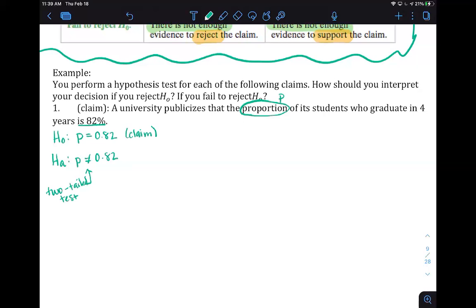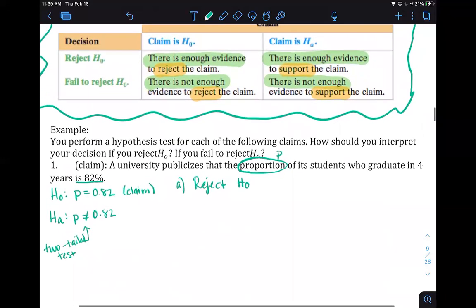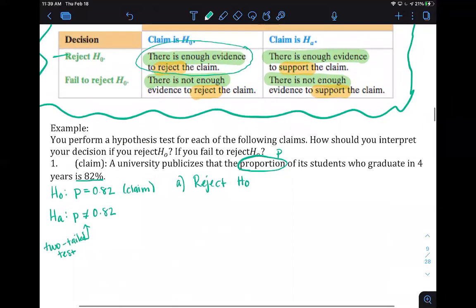All right, so we have 2 parts here. How should you interpret your decision if you reject the null hypothesis? If we reject the null hypothesis, we're looking at this table. So if we reject the null, and our claim is in our null, we're going to be typing out this one right here. That means there is enough evidence to reject the claim.